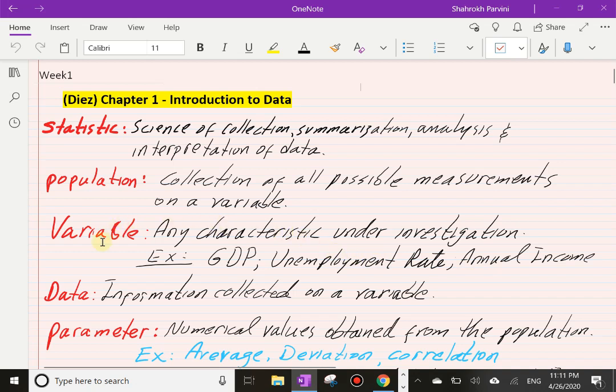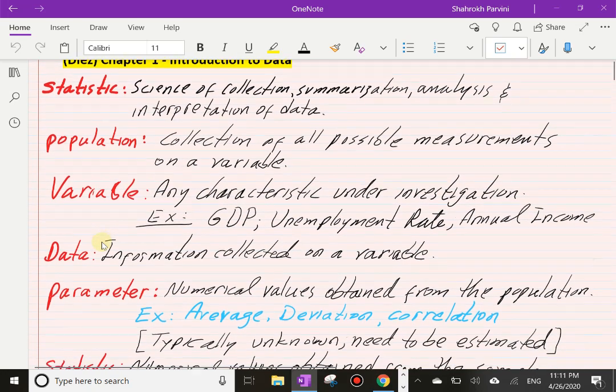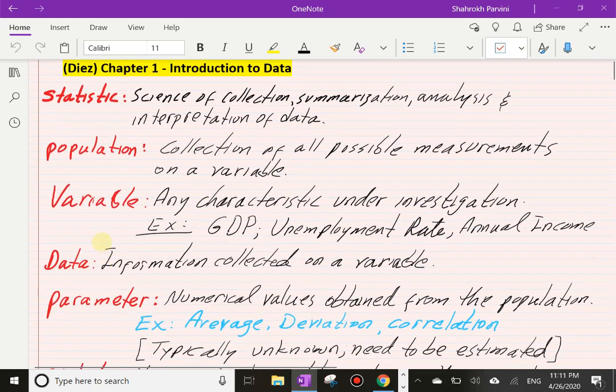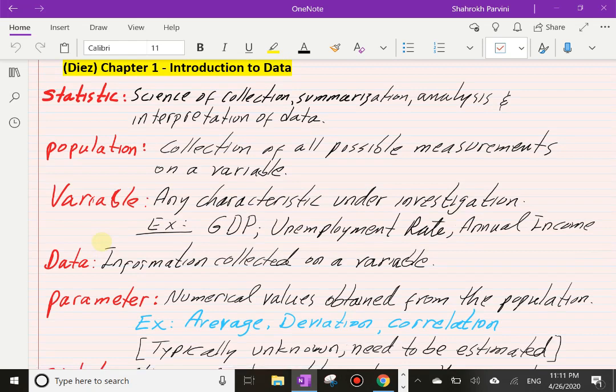Then we talk about data. Data is any information that you collect on a variable. That's called data. The next definition is that of a parameter. The parameters are numerical values that you actually collect or obtain from the population. Now these numerical values, I have a few examples here, but 3 examples. For example, the average that you calculate for the population, that's a parameter.